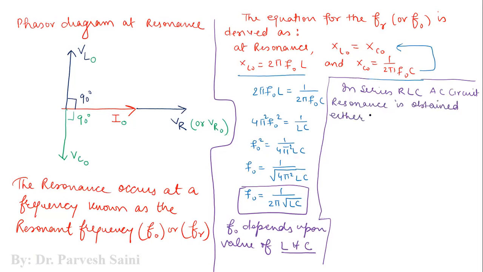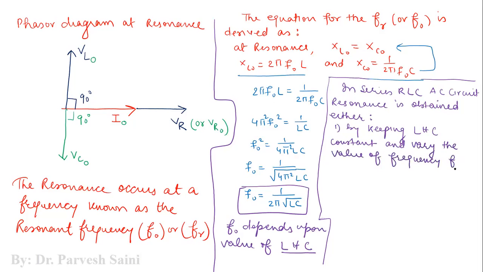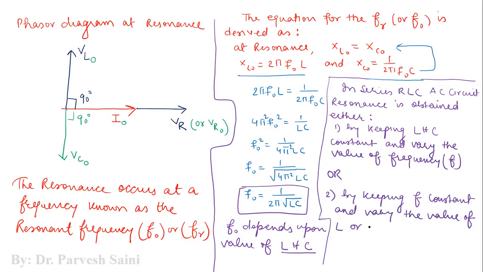either, the first case, by keeping L and C constant and varying the value of frequency f, or the second, by keeping f constant and varying the value of L or C or both, right?